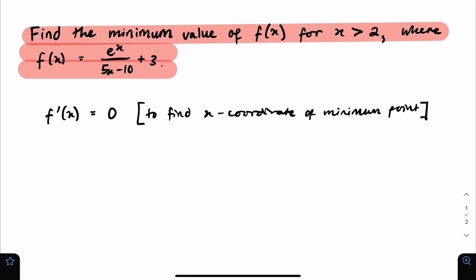All right, so let's just differentiate the function. We can use the quotient rule. So we have u of x is equal to e to the power of x.